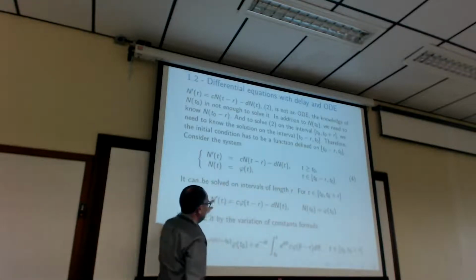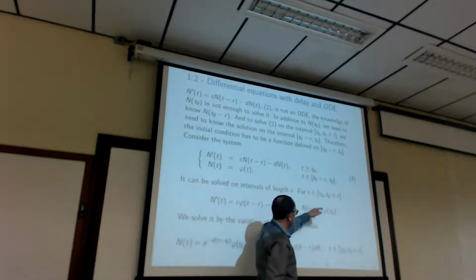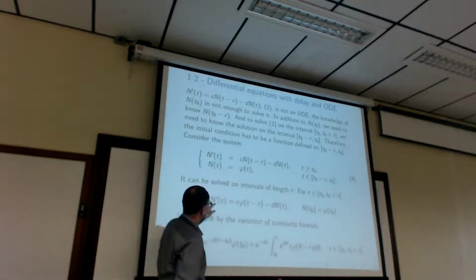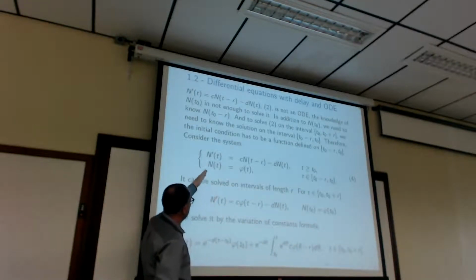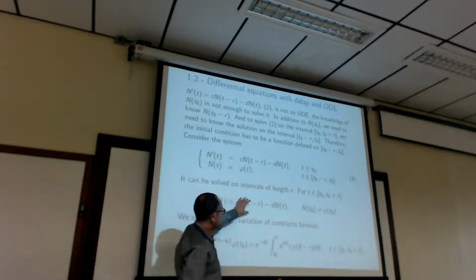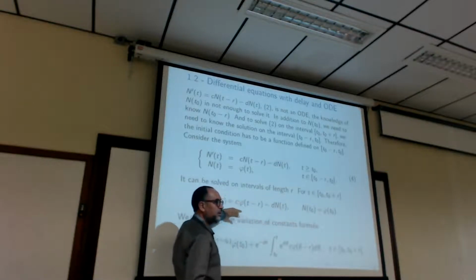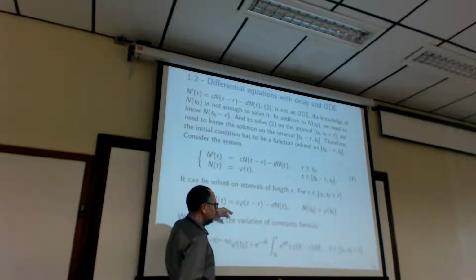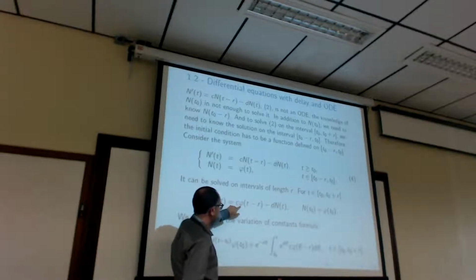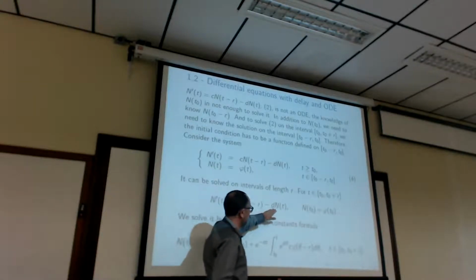That means for t on this interval, the delay differential equation becomes this one, and this is an ordinary differential equation because we know this initial condition and we have to solve it.